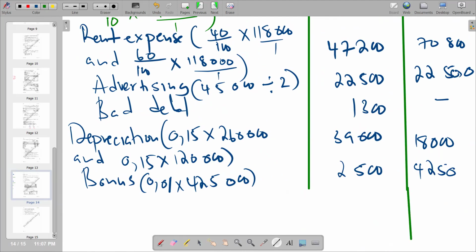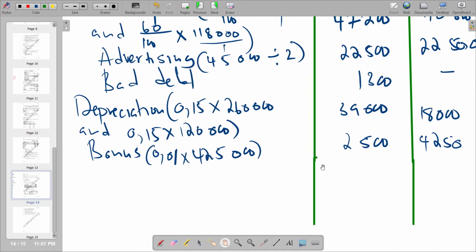So we can have a continuation. With that, we can now put our lines to close. Remember, we are supposed to have the total of our expenses. So we can close.